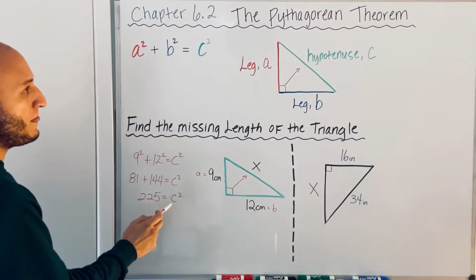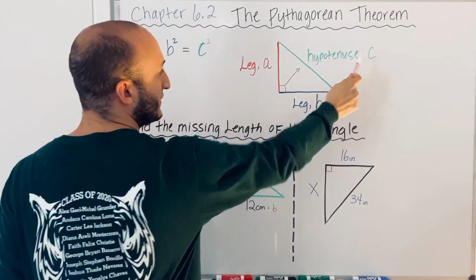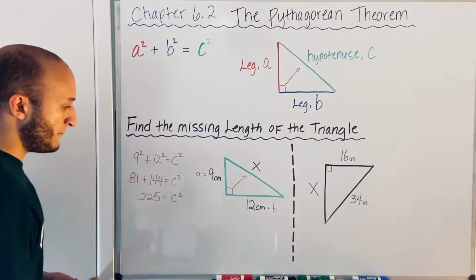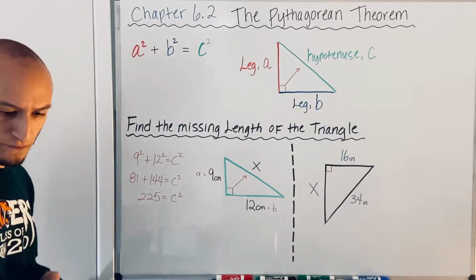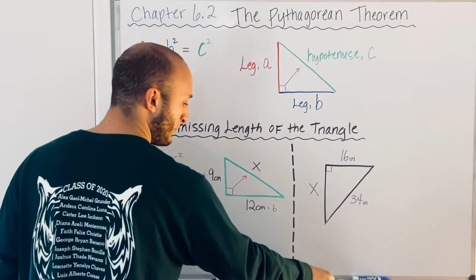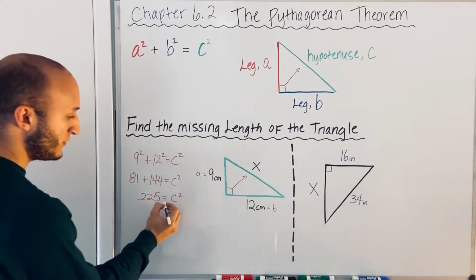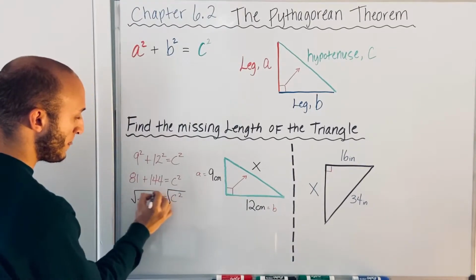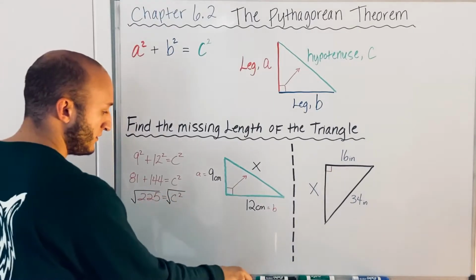Now, I want to know what C is, not C squared. So how do I get rid of this square? Well, from the previous chapter, we were taking square roots. So let's take the square root of both sides.